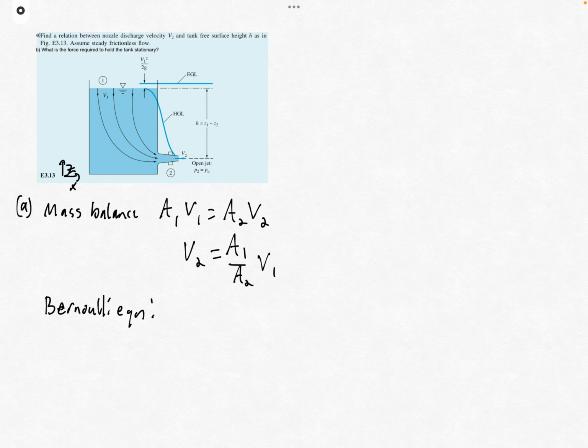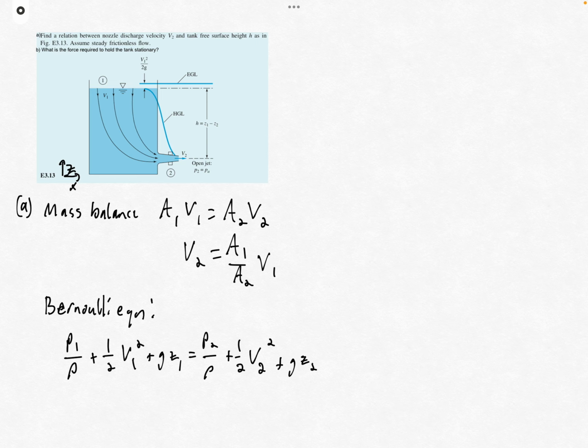to look at that Bernoulli equation, we're going to go from this point 1 to this point 2. And writing this out, we have P1 over rho plus 1 half V1 squared plus g Z1 is equal to P2 over rho plus 1 half V2 squared plus g Z2.